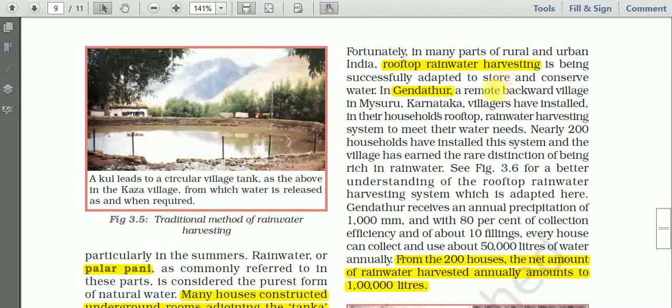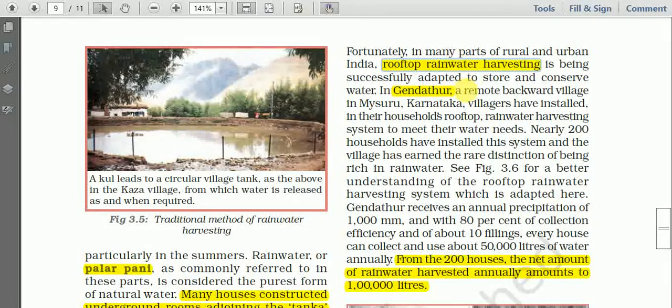In different parts of India, maybe in the villages or maybe in the urban areas, this rooftop rainwater harvesting, that is collection of rainwater from the rooftop and storing it in the underground or in a tank, or maybe in a well, is being successfully adopted to store and conserve water.